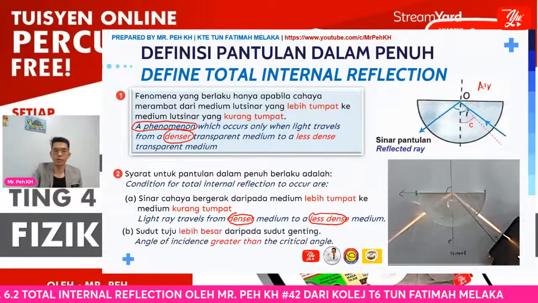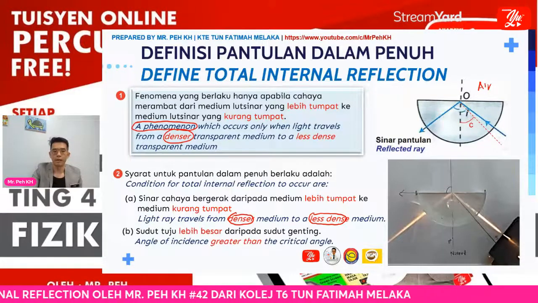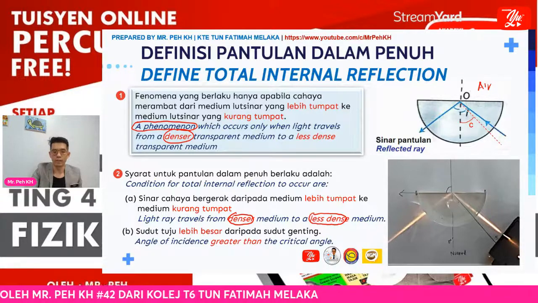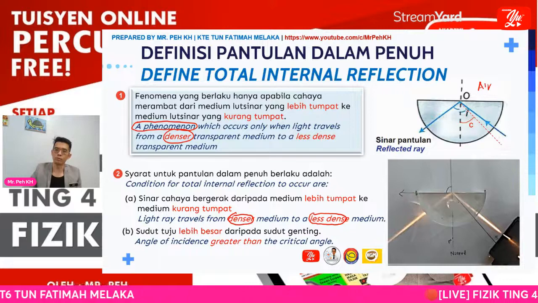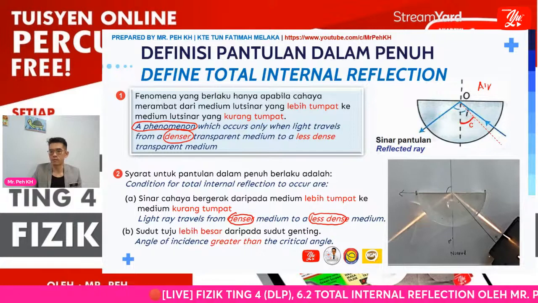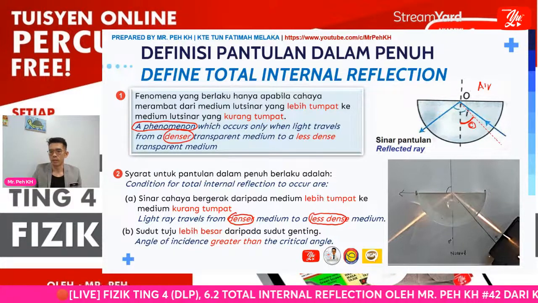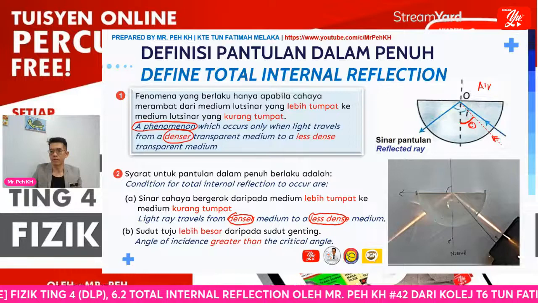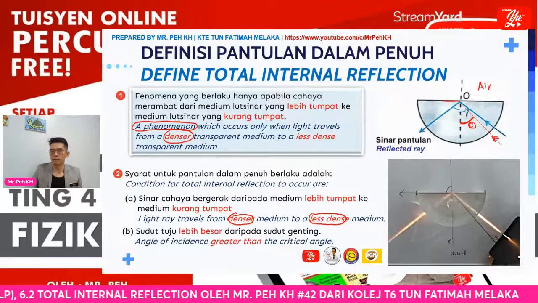Then the second condition is that the angle of incidence must be greater than the critical angle. As we just defined the critical angle, see here, when the incident ray is here, the reflected ray will be here.